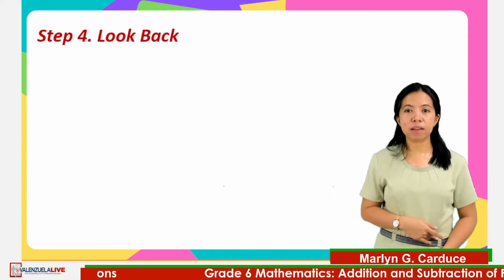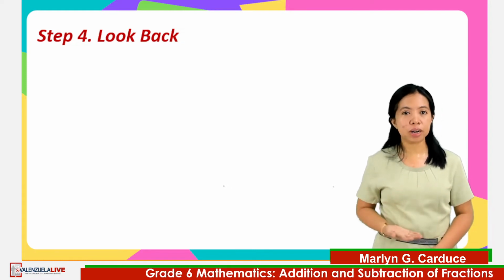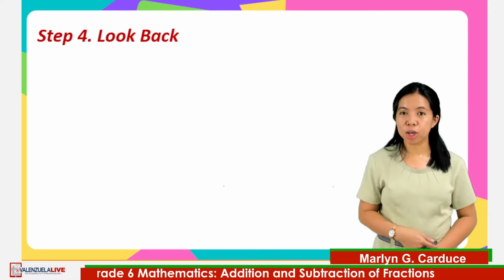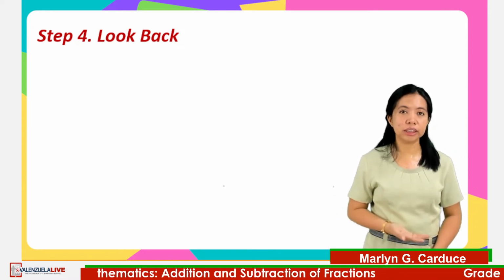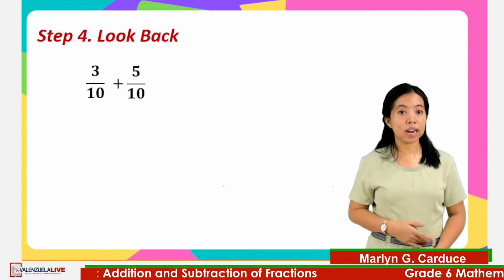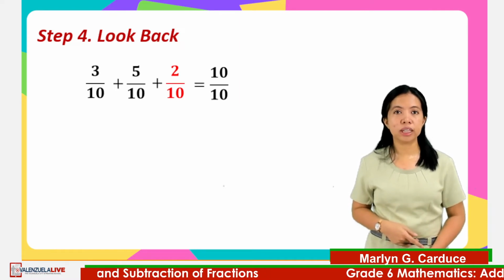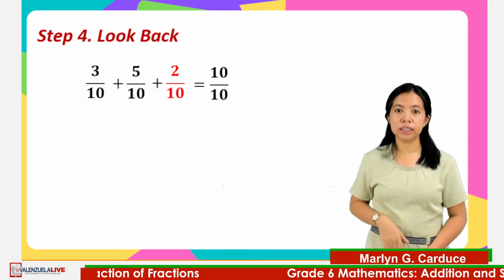And the last step is step 4, which is look back. Read the problem again and check if the answer is correct. So if we add all the given fractions, 3/10 plus 5/10, including our answer, 2/10, we come up with 3 plus 5 equals 8 plus 2 equals 10.